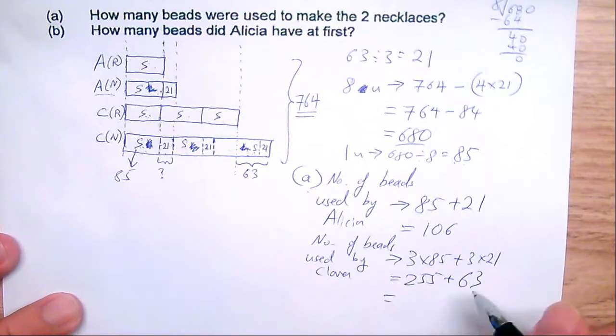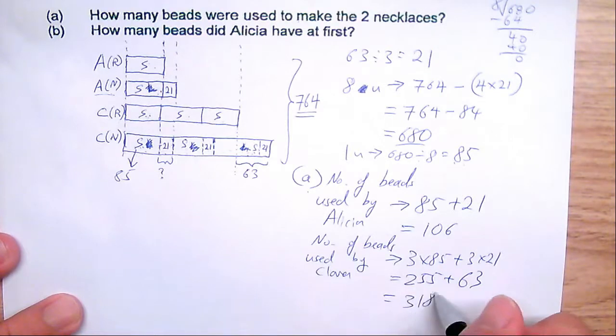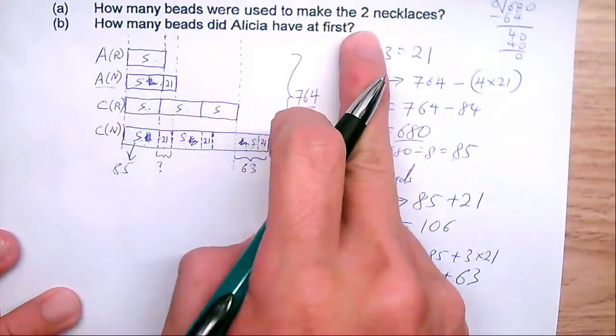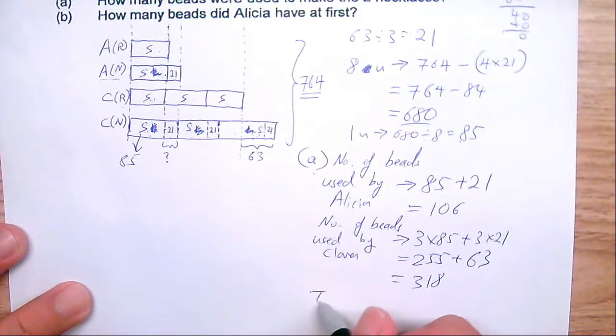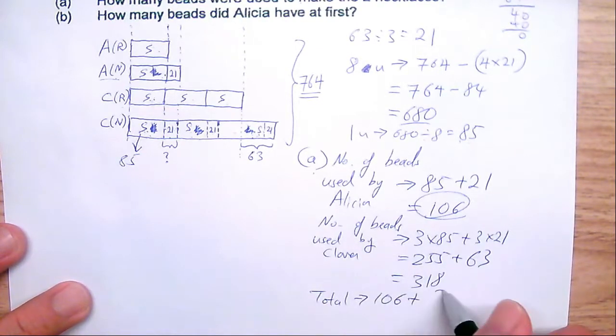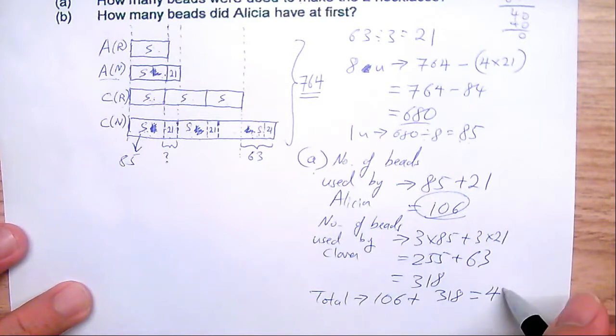So in total, 318. Okay, so 318. The question is asking for how many bits were used to make the 2 necklaces, right? So what's the total? Total will be this 106 plus 318, giving us a grand total of 424.